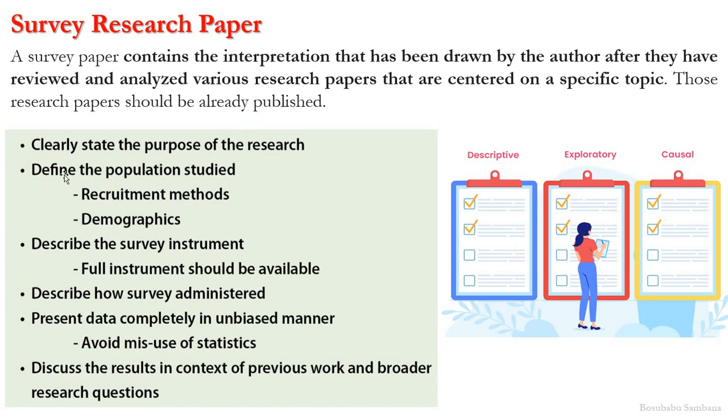Survey paper. Generally, survey papers are categorized into three factors. Already you know what a survey is. In a survey paper, the researcher has to do research, interpret data, analyze the findings, and finally come to conclusions based on a systematic approach.